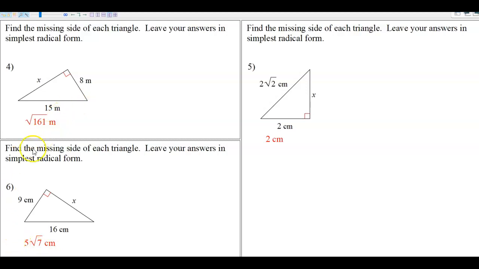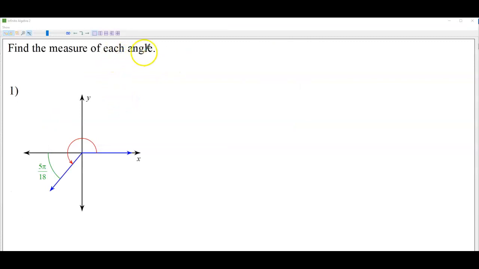All right, let's go ahead and move on to take a look at our second objective today. Which is we want to be finding the measures of angles, but this time in radians. So before we begin this, if you want to write this in your notes, it could be helpful. As you guys may recall, when we're doing degrees, this is 0.